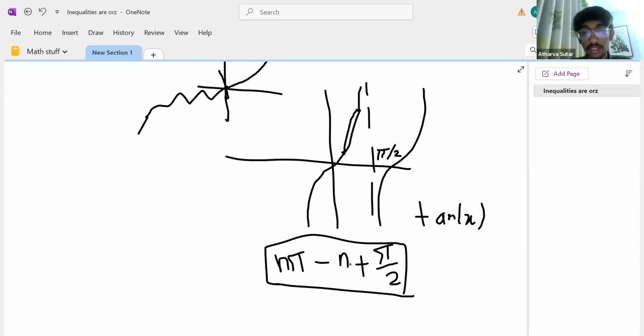And in the other range, n pi plus pi by 2 to n plus 1 pi, it will come negative. So if you want to use this in your problem, you would have to specify that it's convex in this range and use Jensen's for that range. If you want to prove it for a larger range, you will have to split it into cases.